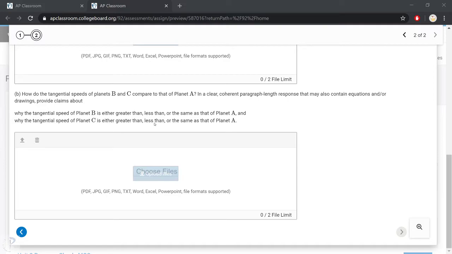Logically, figure out what it is, and then compare them. So how do we figure out what the tangential speed is? Well, that's v orbital. How do we get to v orbital? Don't just plop the v orbital equation. It's not given in the equation sheet, so don't just whip it out. You could whip it out if there were multiple choice questions, but unfortunately this year there are none. So you have to derive it.